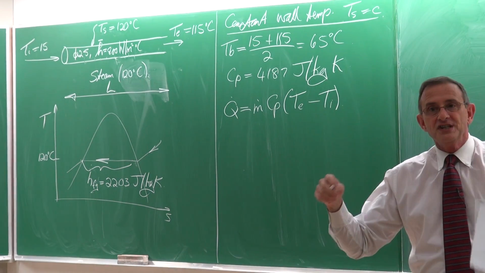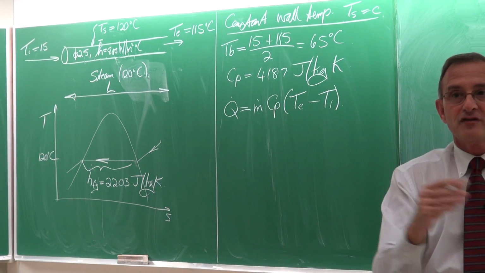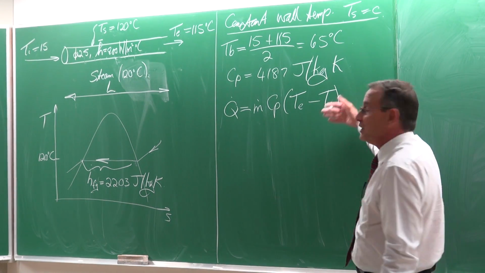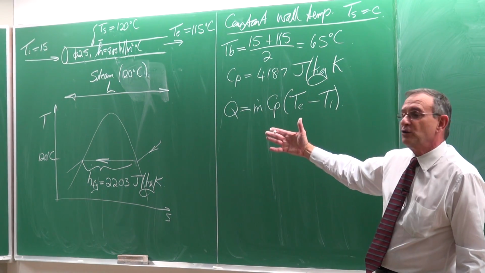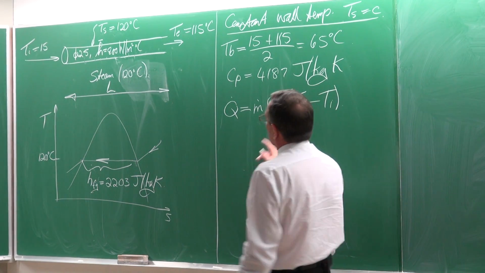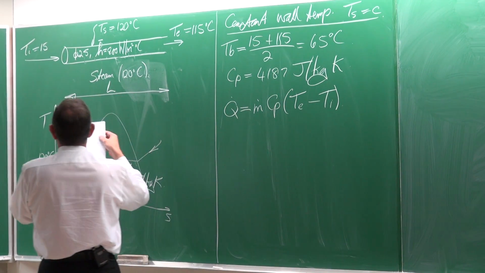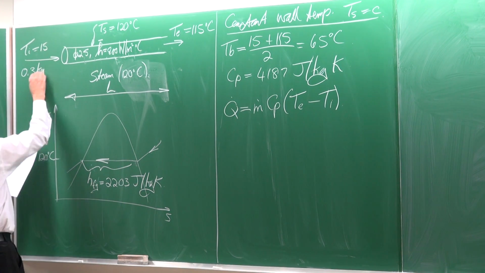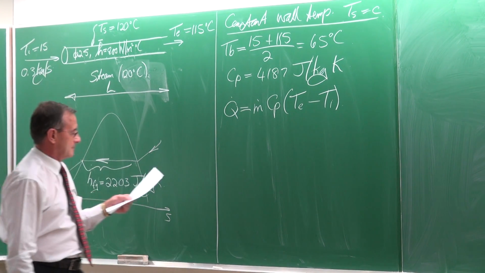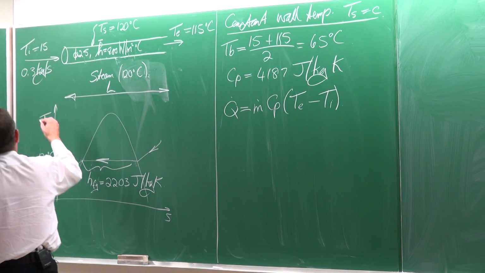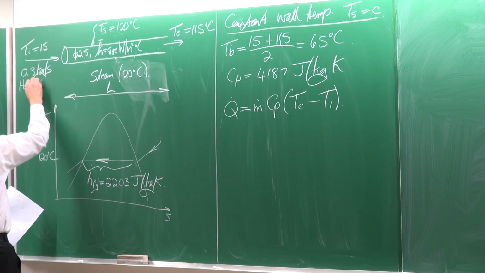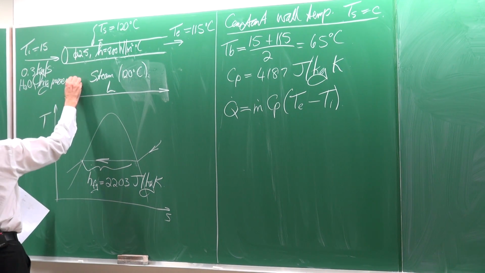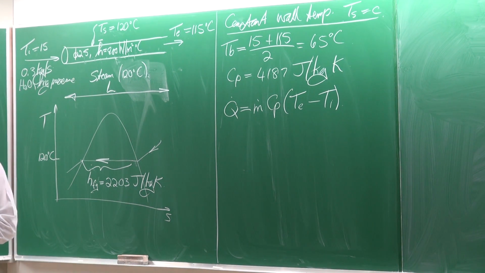It is not always that the heat transfer rate is equal to the heat transfer coefficient multiplied by the area multiplied by delta T. We are going to use it, but we first need to get the heat transfer rate. And what I forgot to say is that the mass flow rate is 0.3 kilograms per second. It's water, and it's at high pressure.